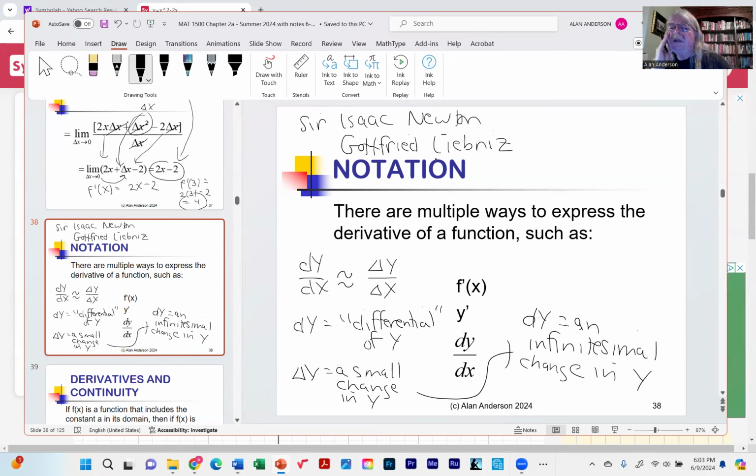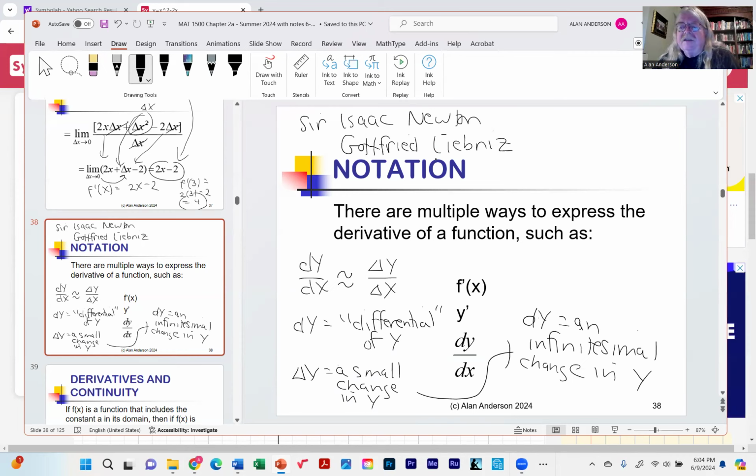And they both jealously regarded themselves as the father of calculus. They refused to give the other any credit for it. It was just one of those things where they both sort of invented the same thing at the same time. But they both used slightly different notation in their writings, and so some of this notation comes from Leibniz and some of it comes from Newton. That's part of the reason why we keep running into this case where there are many different notations.